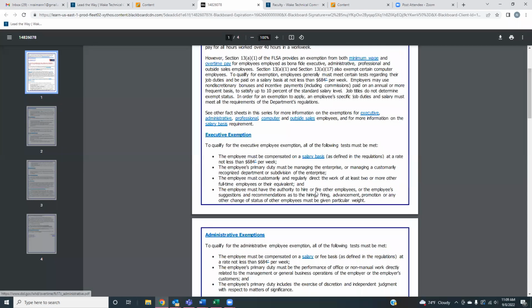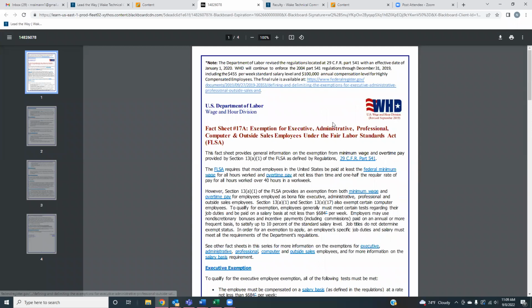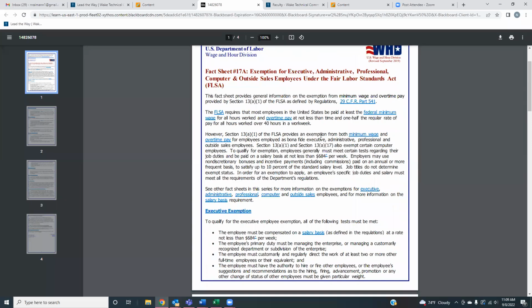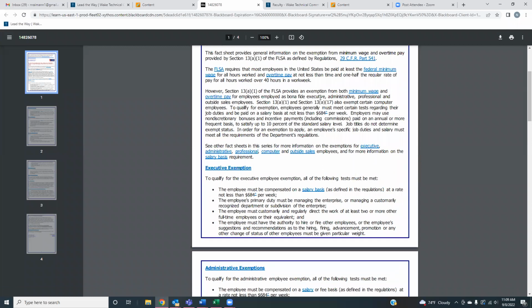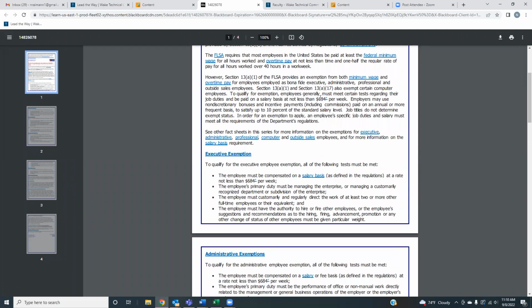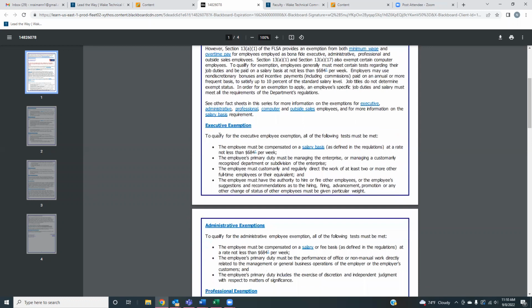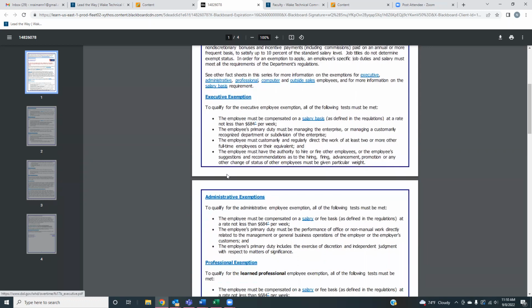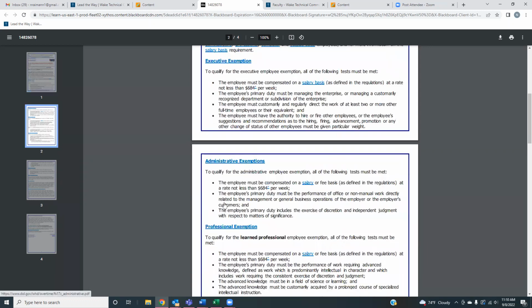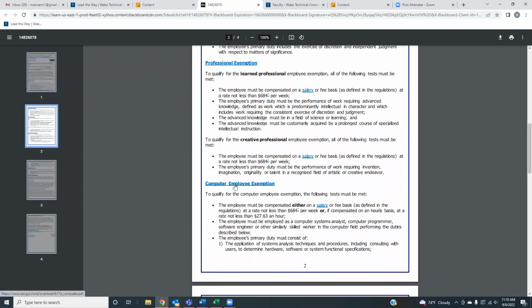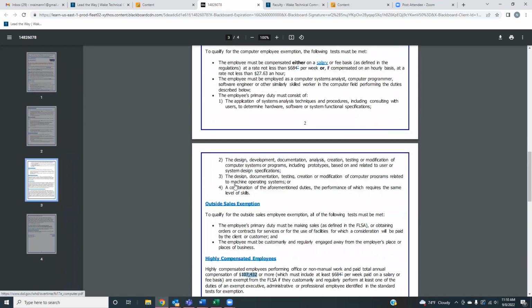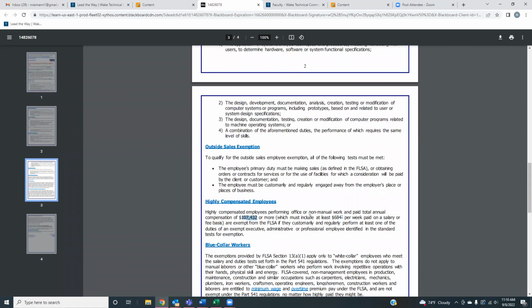So when you look up at the FLSA fact sheet, you will see it talks a little bit about what overtime is and all that. Again, assume every position is hourly unless they're an executive, administrative, professional, computer, outside sales, or highly compensated.